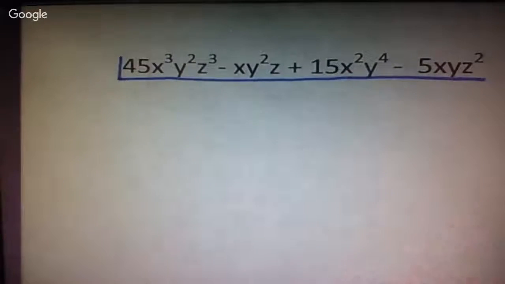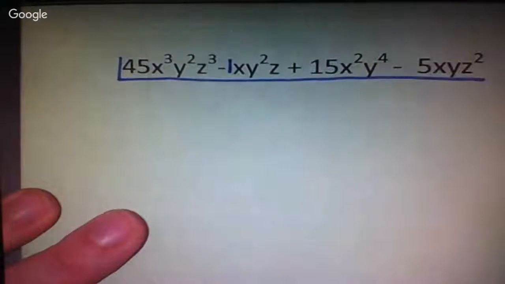Guys, we still have stuff to do. Take a look at this one. I've got 45, 1, 15, and 5. It's gonna have to be 1. Remember, when there's nothing written here, there's an unwritten 1.